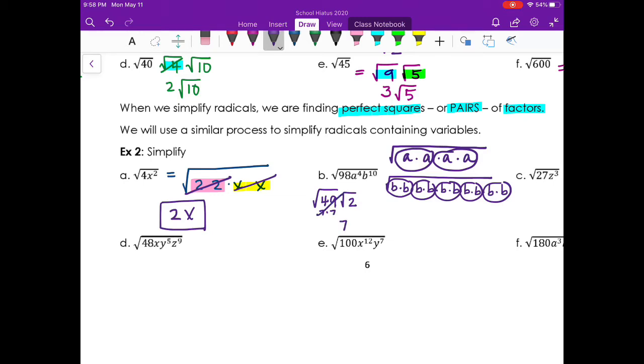So a 7 will go outside the radical for that. And then you've got your 2 a's and your 5 pairs of b's. And then the only thing that's left inside the radical that's not a perfect square is the 2. And then we'll simplify by writing that as 7a squared b to the 5th radical 2.